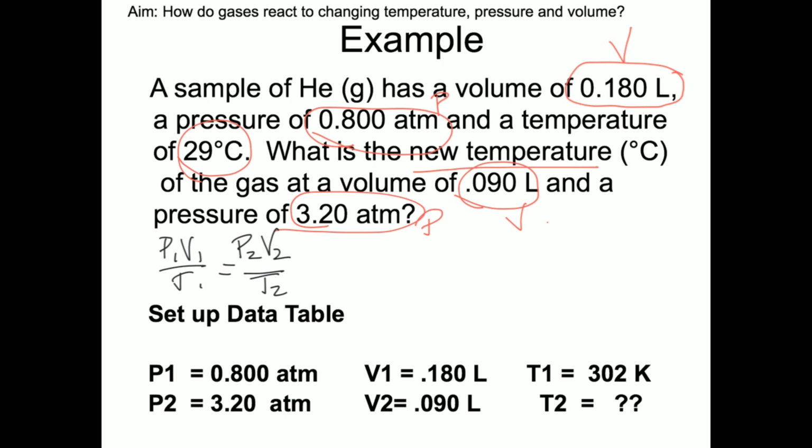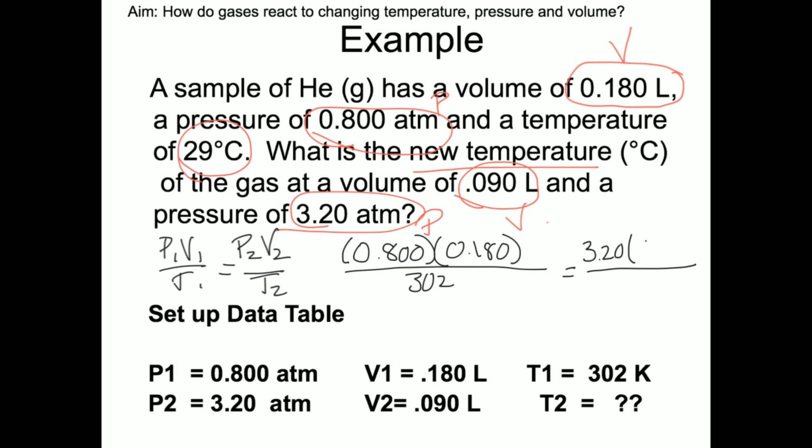Since we're using the combined gas law, we can look at our variable table and guide us in our substitution. Once we have this set up, we can always solve by cross multiplication.